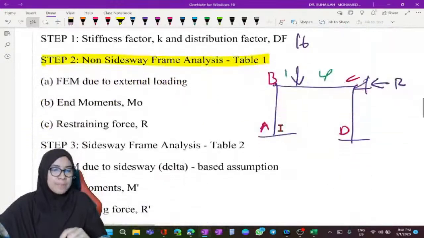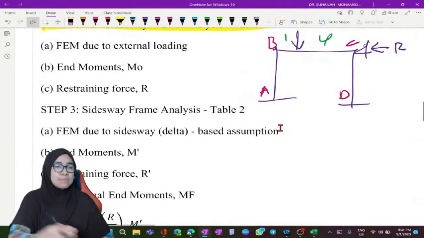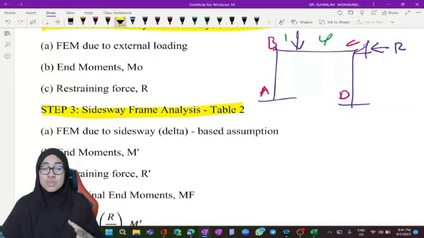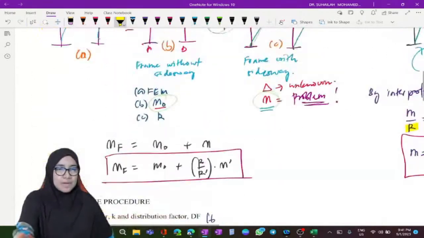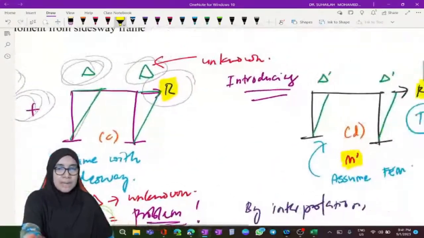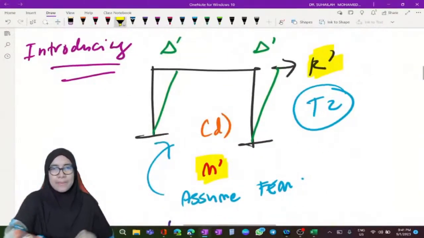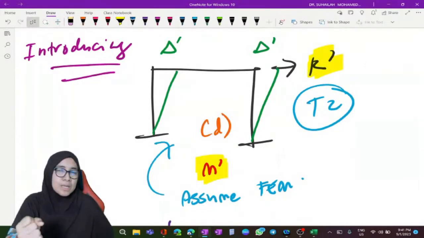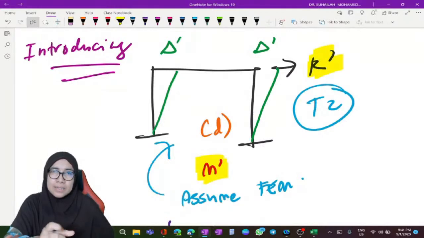Move to table number 2, step number 3. This is sidesway frame analysis. From the derivation, table number 2 is this diagram. It is not the real frame.